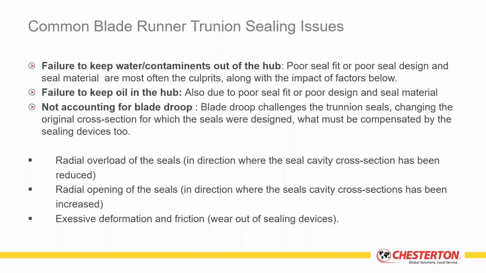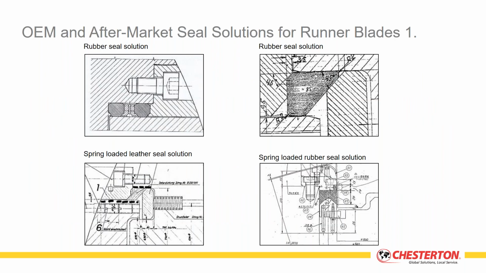On one side the radial overload, while on the opposite side we can expect radial opening, too much opening of the seal. So most probably, if the seal is not flexible enough, it cannot compensate for such an opening, and there is excessive deformation and friction just because of the radial overload on the seals.